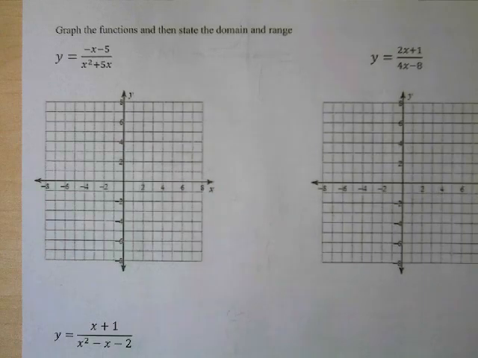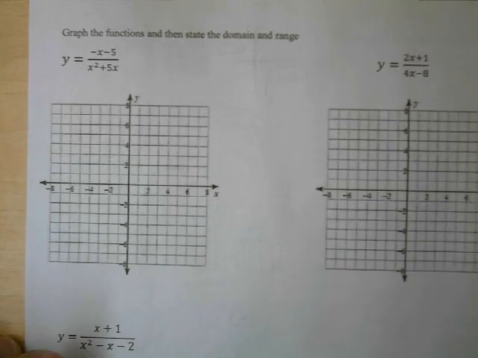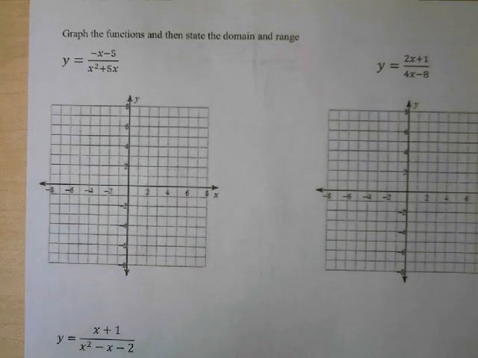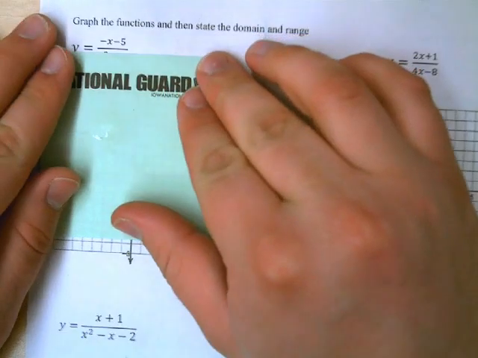So the first thing that we're asked to do, the first thing that we have to do when we do these is graph. But first we have to look for like terms. Just looking at my numerator, is there something that I can factor out of everything there?